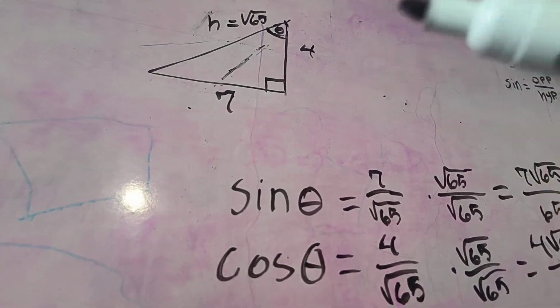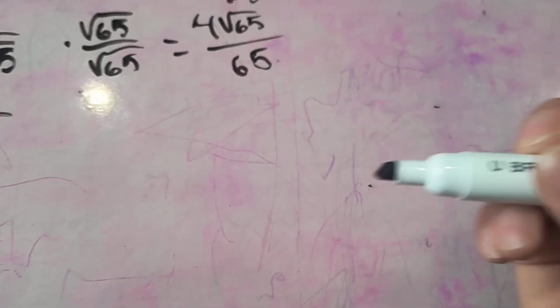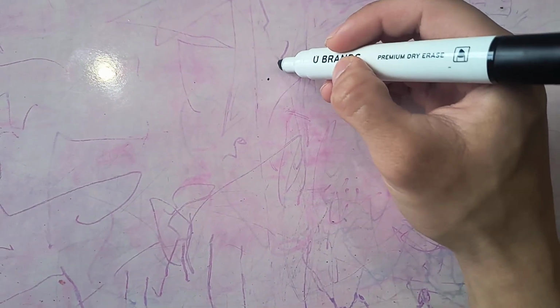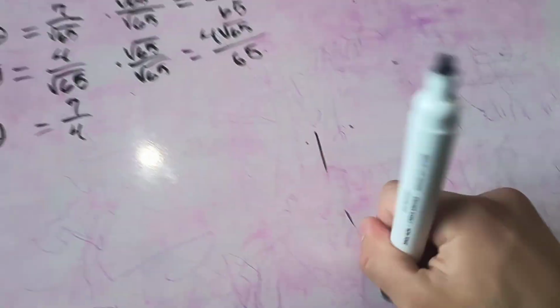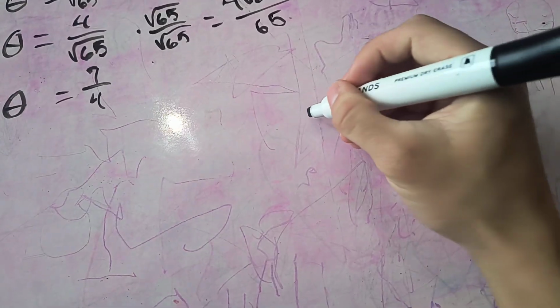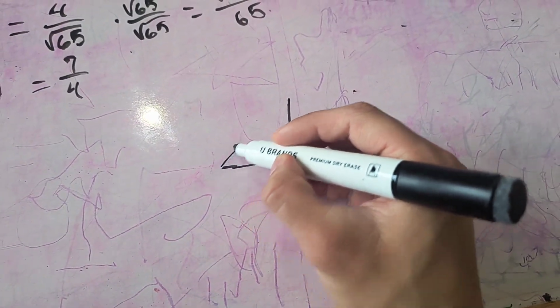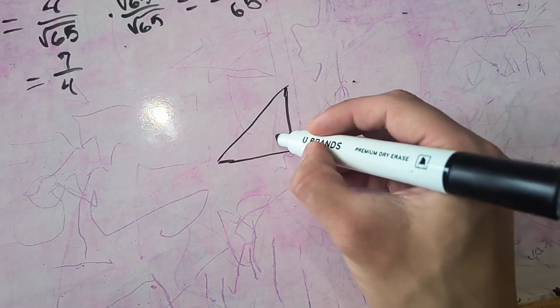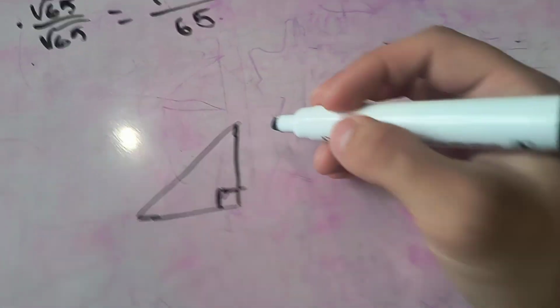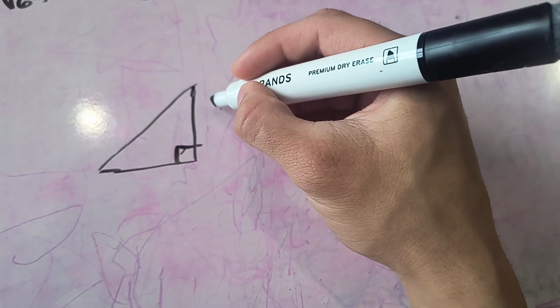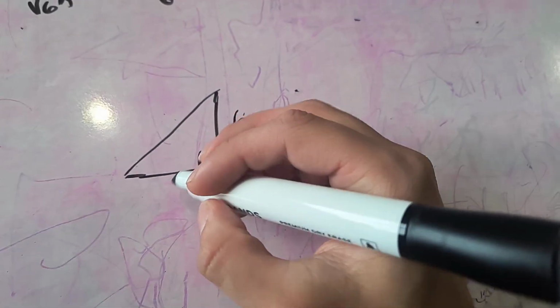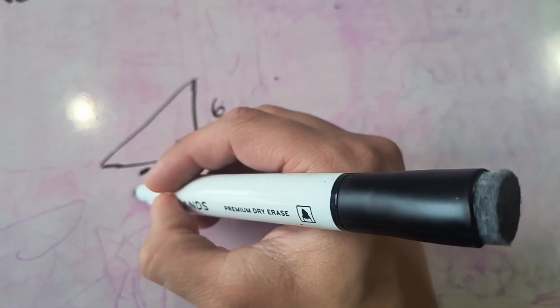But what about another triangle? What if we got another right triangle? I'm so bad at writing straight lines. Okay, another right triangle. This side is like 6, and this side is like 3.